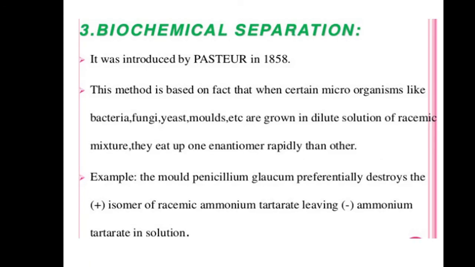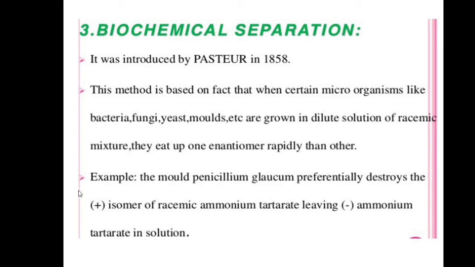The third one is biochemical separation. It was introduced by Pasteur in 1858. This method is based on the fact that when certain microorganisms like bacteria, fungi, yeast, mold, etc. are grown in a dilute solution of a racemic mixture, they eat up one enantiomer more rapidly than the other. For example, the mold Penicillium glaucum preferentially destroys the plus isomer of racemic ammonium tartrate, leaving the other ammonium tartrate in solution.